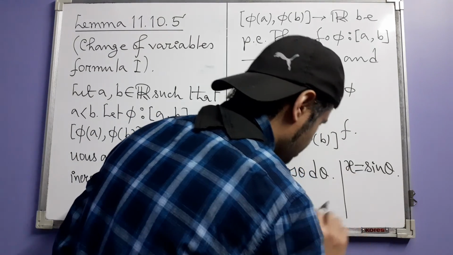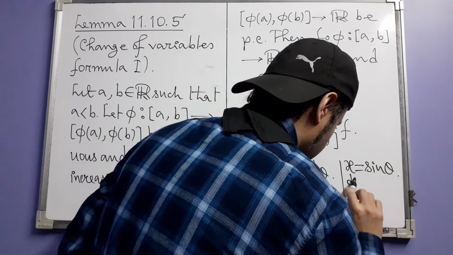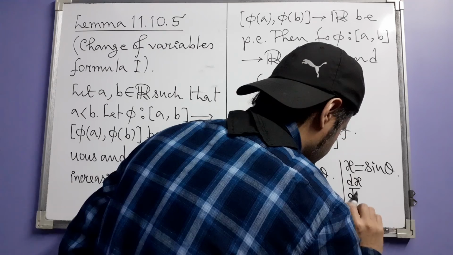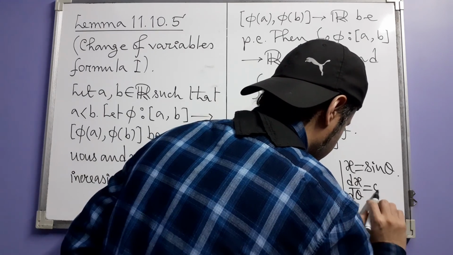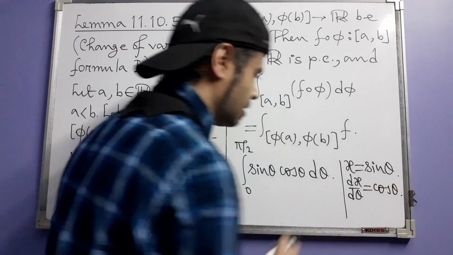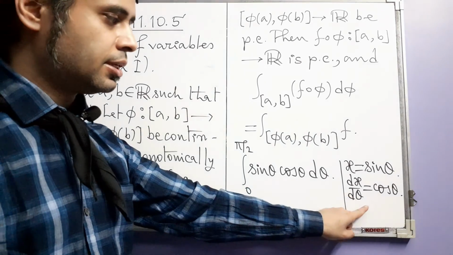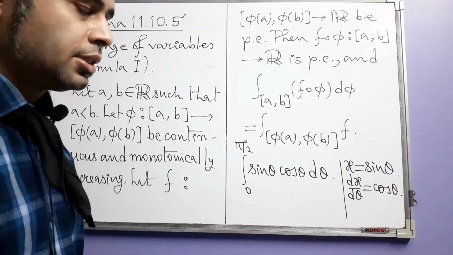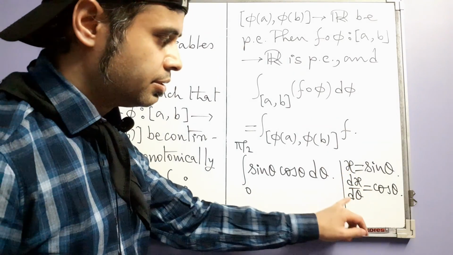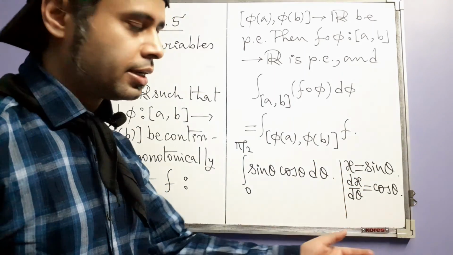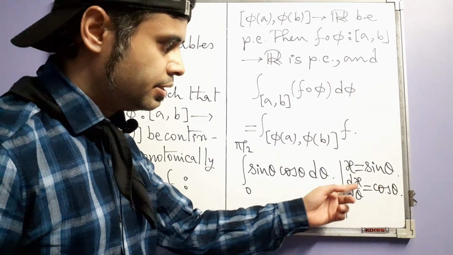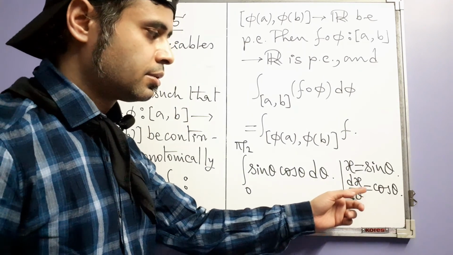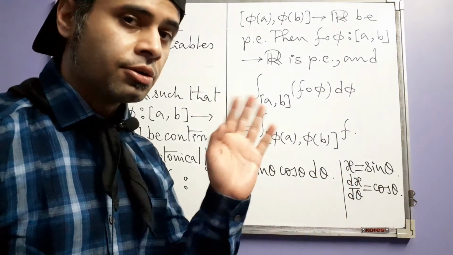What you did then after that, you differentiated both sides with respect to theta. That gave you dx d theta on the left side and cos theta on the right side. Now you see, whenever you were taught derivative, again and again it was told that this dx d theta, in spite of how it looks, is not a ratio.